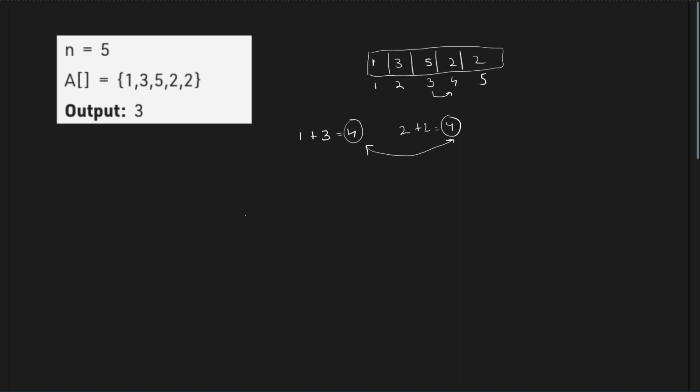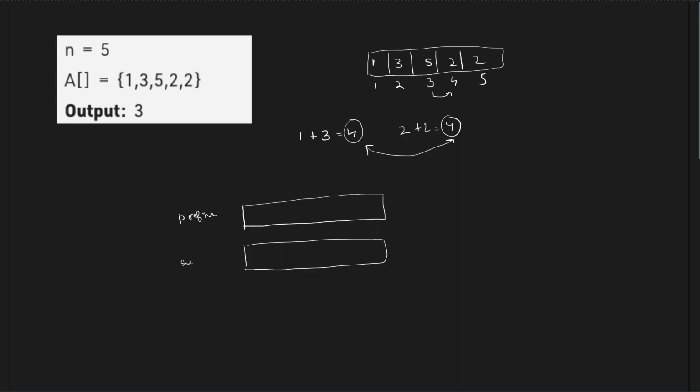So if you have two arrays, the prefix and the suffix sums, let's say we have this array as prefix sums and we have this array as suffix sums, right?